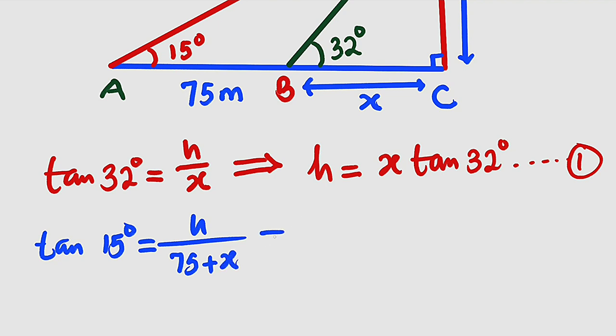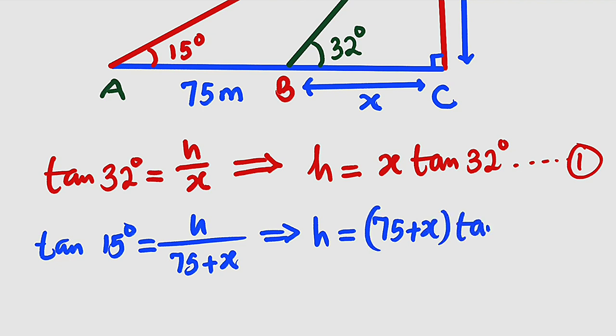And from here, we can also make h the subject. h is equal to 75 plus x multiplied by tangent of 15 degrees. And this is our second equation.